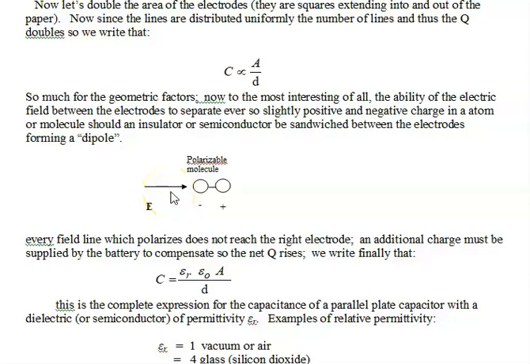Now, Le Chatelier's principle tells us that whenever we stress a structure, the structure will react trying to reduce the stress. And that's exactly what happens here. We have a stress, we have an internal electric field which acts in a way to reduce the electric field.